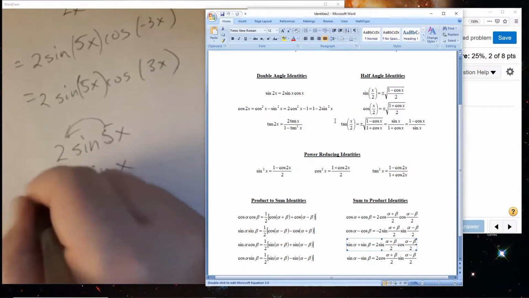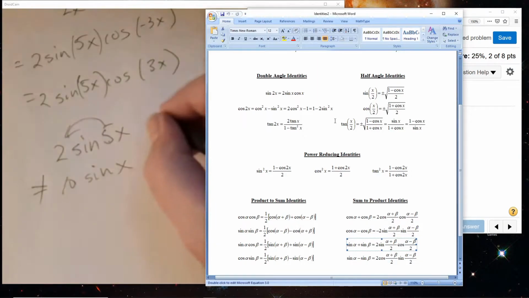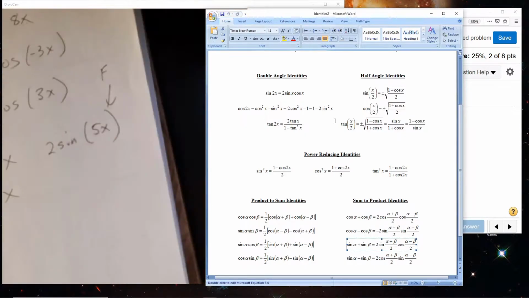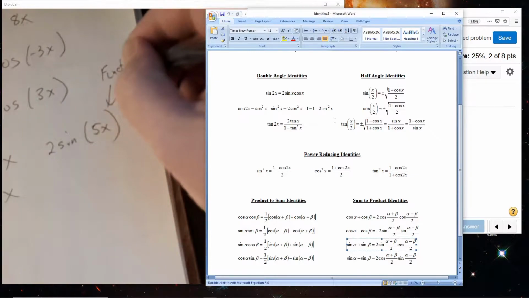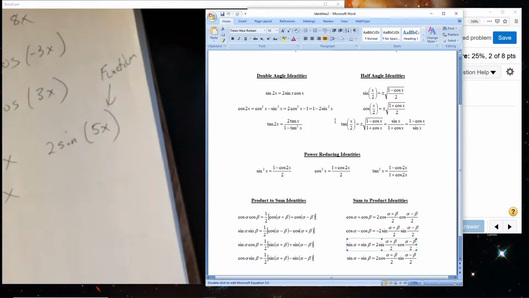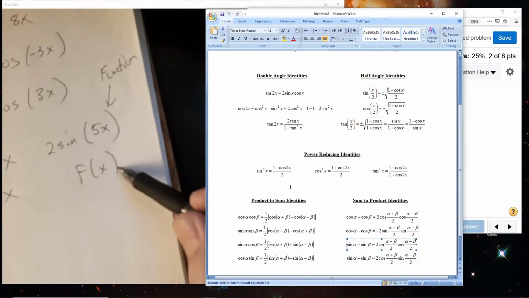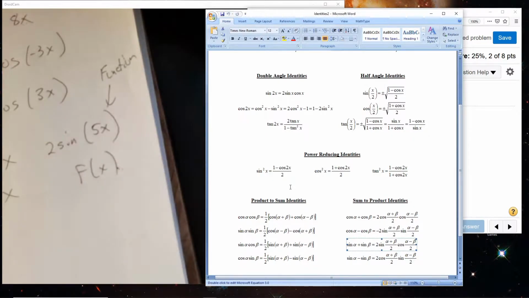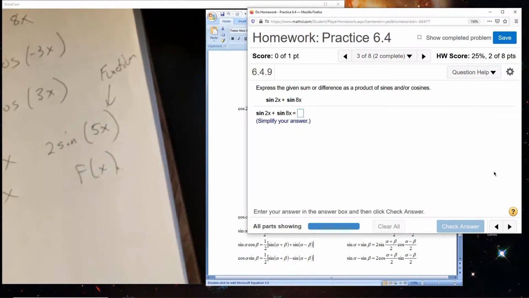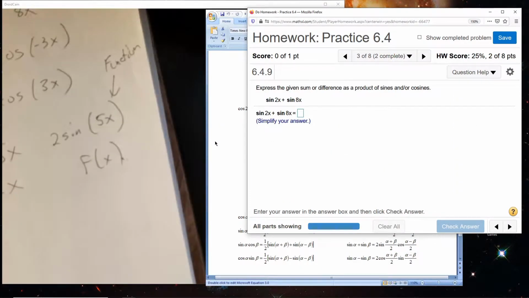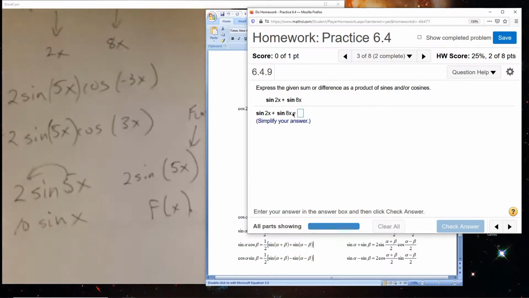But that is not correct, because these are function notation parentheses, not multiplication parentheses, meaning like f of x. That's function notation. So what do we get here?